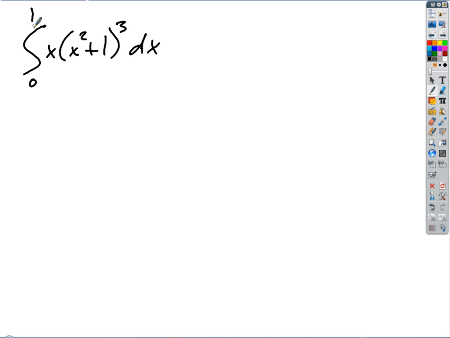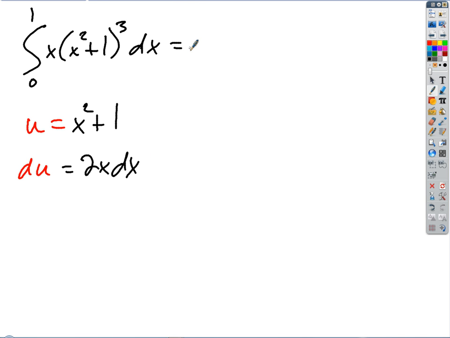x squared plus 1. So if we make that substitution, u equals x squared plus 1, what's our du? 2x dx. Okay, and so we can make our substitution, right? This part right here just becomes a u cubed.